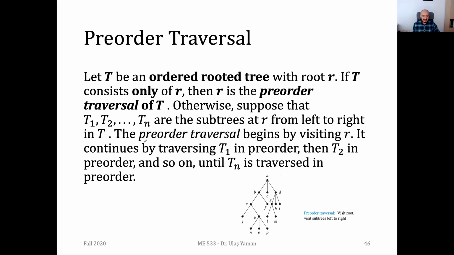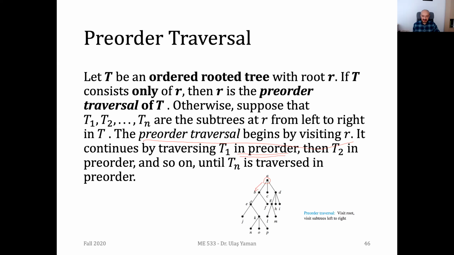As it's written here, it begins by visiting the root, which is R in our case. This is the first point I'm visiting. Then going to T1, the leftmost subtree, it continues by traversing T1 in pre-order. This is important. We will be traversing T1 in pre-order.